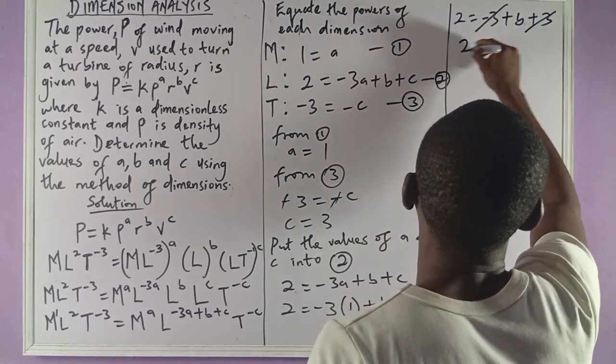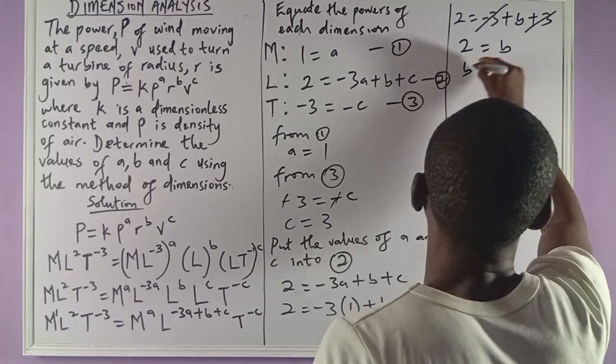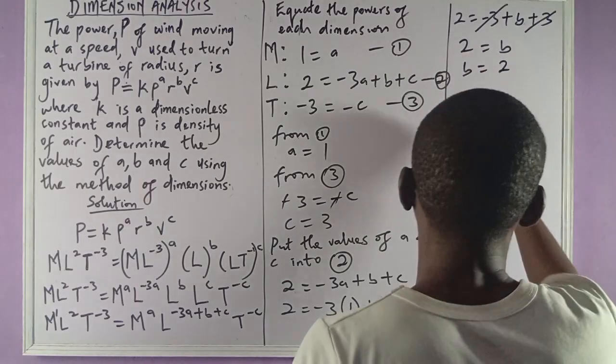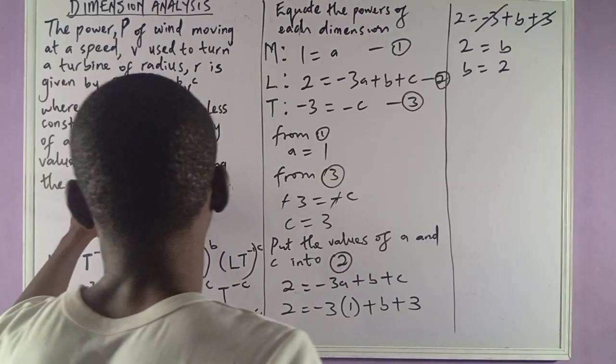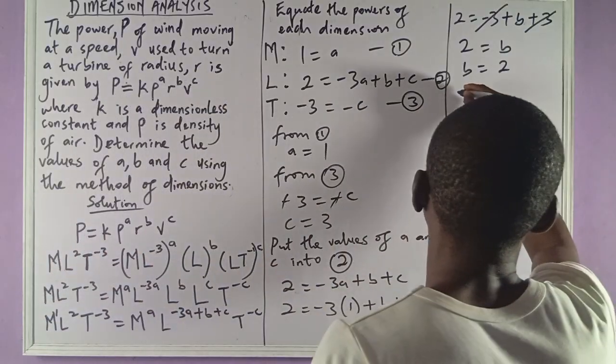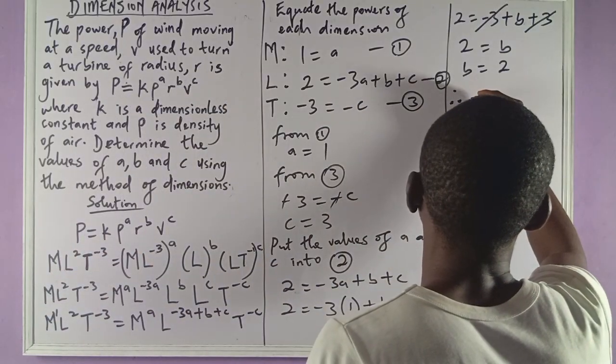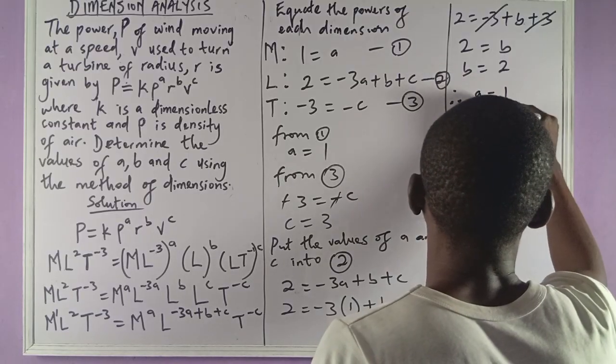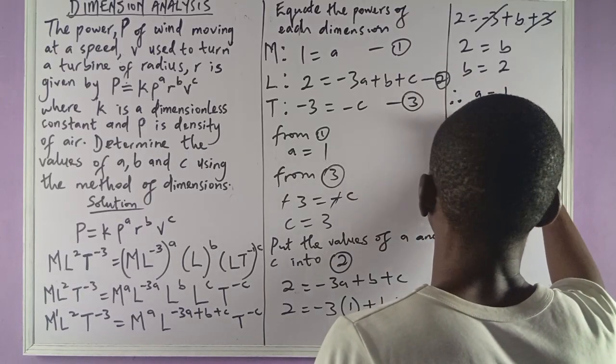So 2 is equals to B, B is equals to 2. So at this point we have found the values of A, B, and C. Therefore, A is equals to 1, B is equals to 2, C is equals to 3.